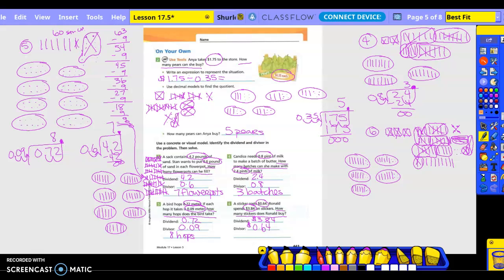Oh, I didn't get rid of enough. Yeah, because those are supposed to be gone. So 6 longs. And then that's all I should have left, right? Okay, I just didn't cross off enough when I first did it. All right, so how many groups do I have? So how many stickers?